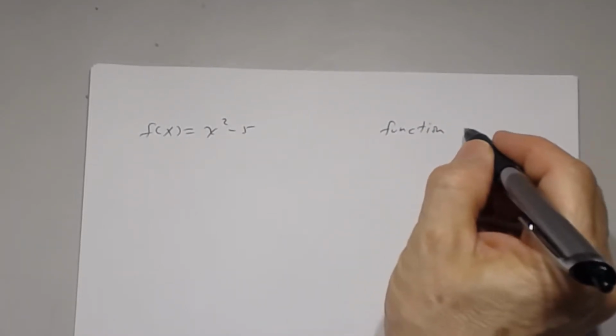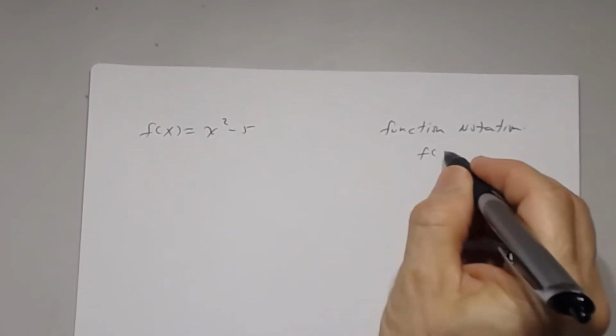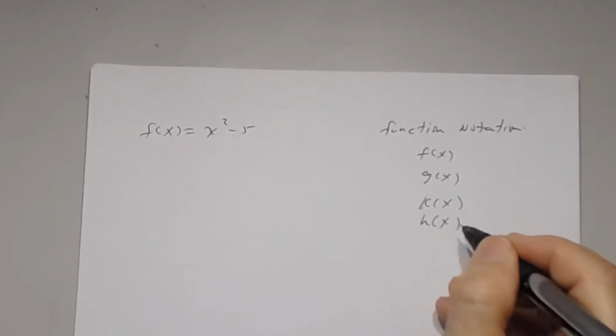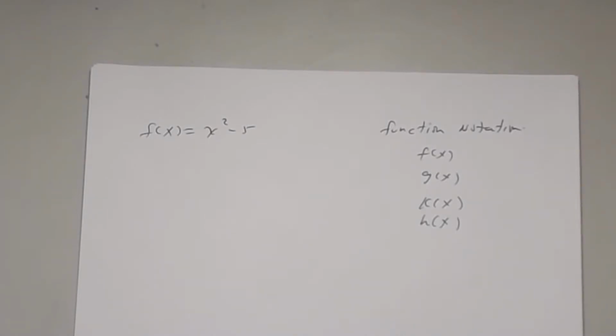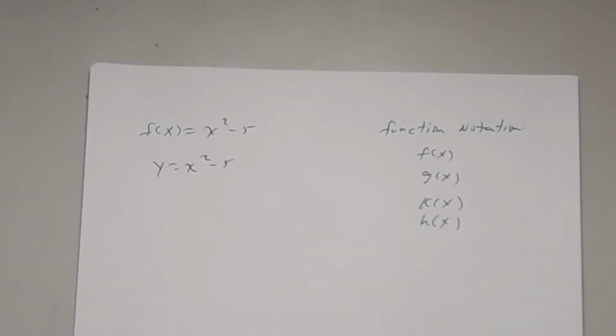Function notation looks like f of x, g of x, k of x, h of x. Each of those stands for the letter y. So instead of saying f of x equals x squared minus 5, I could also say y equals x squared minus 5. And then it looks like the previous problem. But you're going to see more of what you can do with that f of x in the next class period.